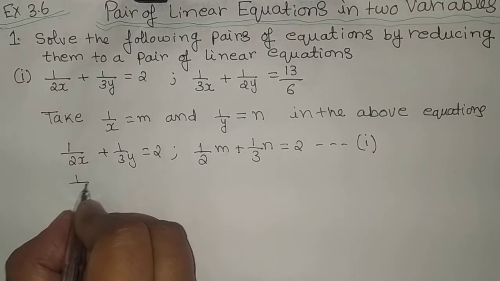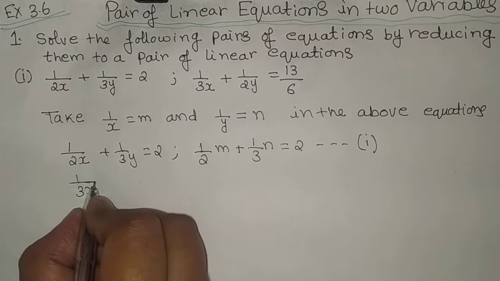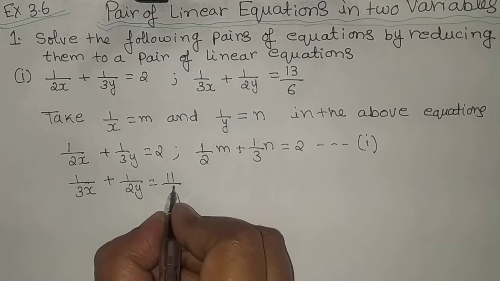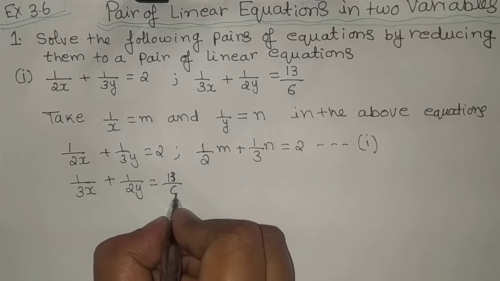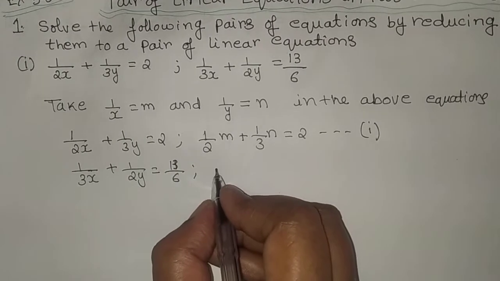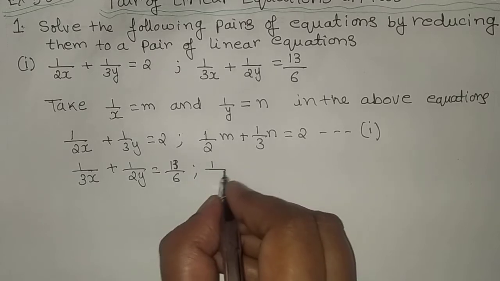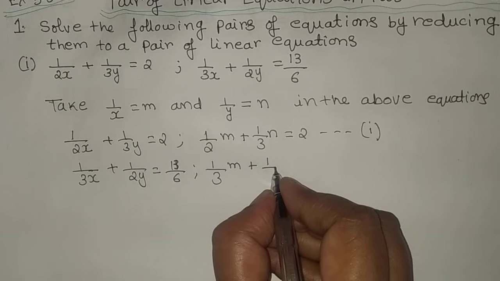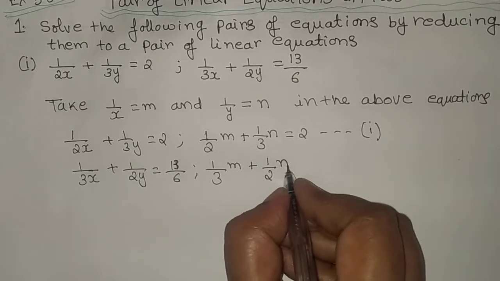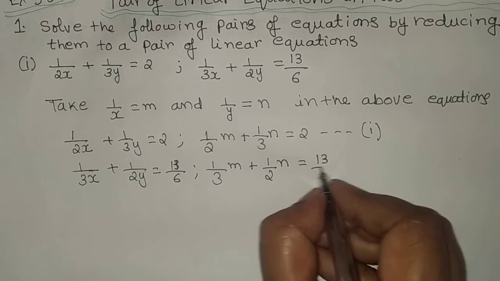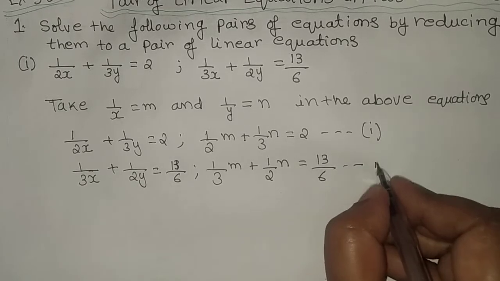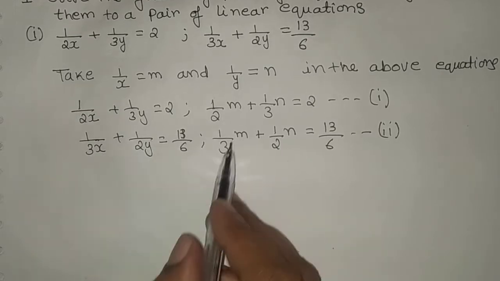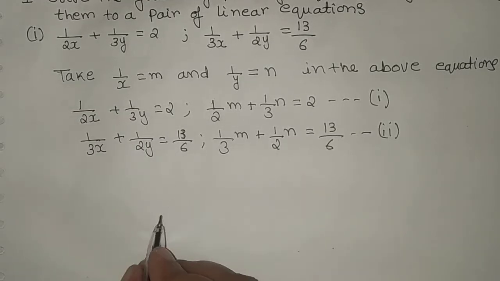Next we take the other equation, 1 by 3x plus 1 by 2y is equal to 13 by 6. Here we write 1 by 3m plus 1 by 2n is equal to 13 by 6, which is the second equation. Now we have finished substituting the variables for the fractions 1 by x and 1 by y.